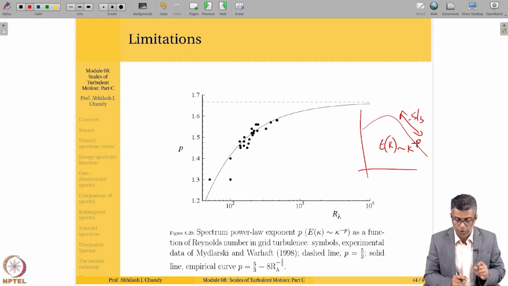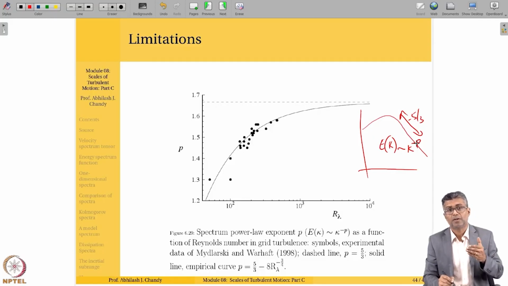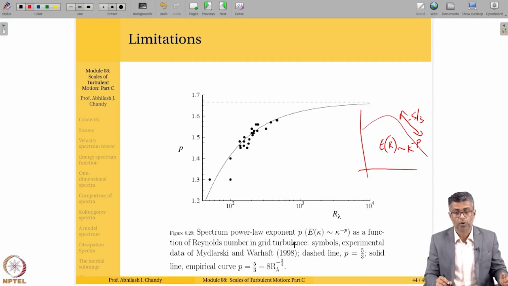Right? So what is shown here is a spectrum power law exponent P. Well, according to us, it should be 5/3. It looks like it is not 5/3, right? Because 5/3 is 1.67. So here we have the power law exponent P as a function of the Reynolds number in grid turbulence.